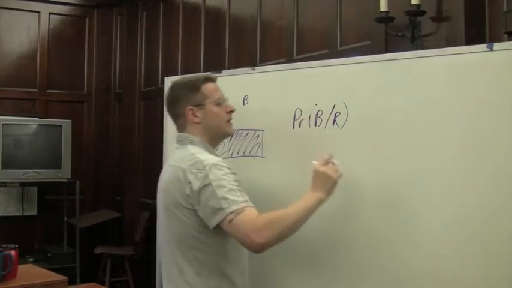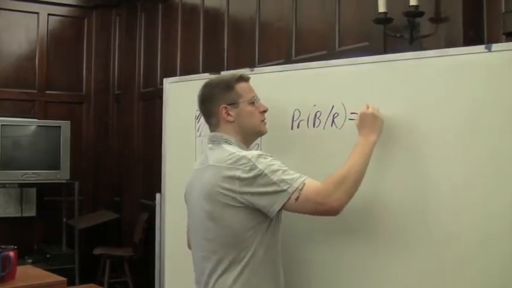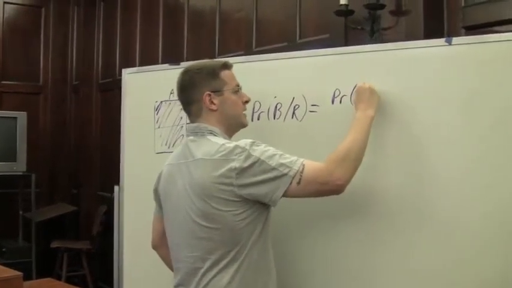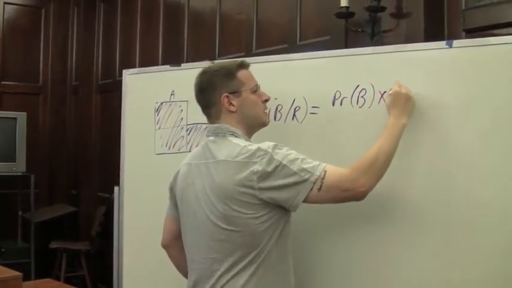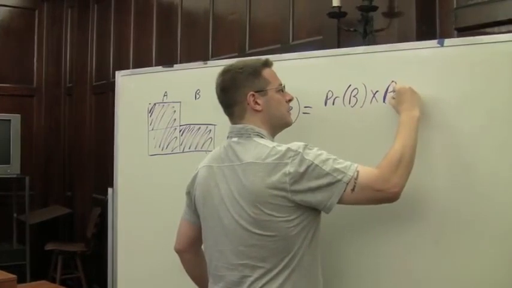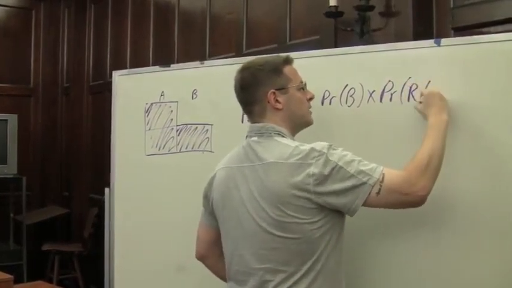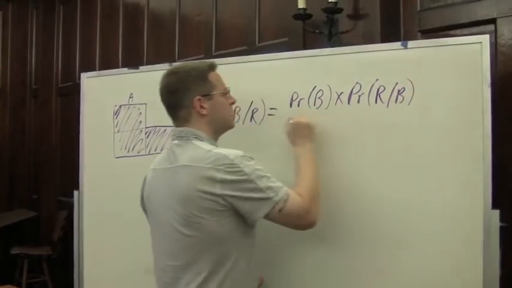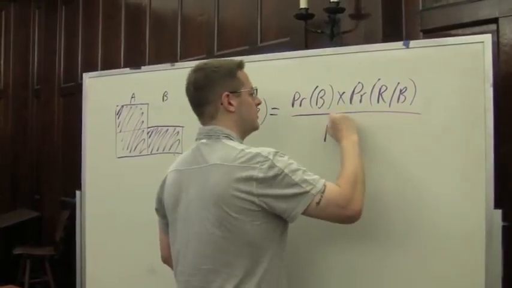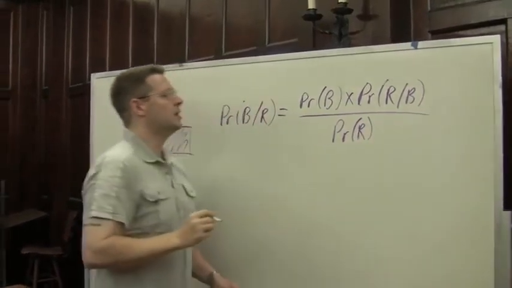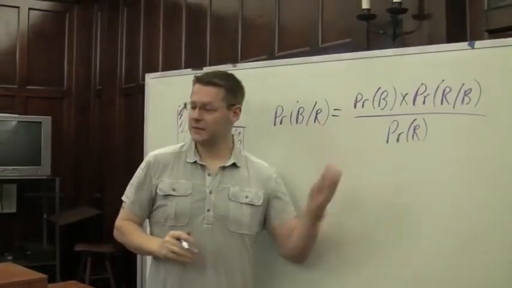The probability of B being true, given that you selected a red gumball, is going to be equal to the probability of B times the probability of getting a red gumball if you chose from B, divided by the probability of getting a red gumball. People look at that and say, oh, that's very confusing.